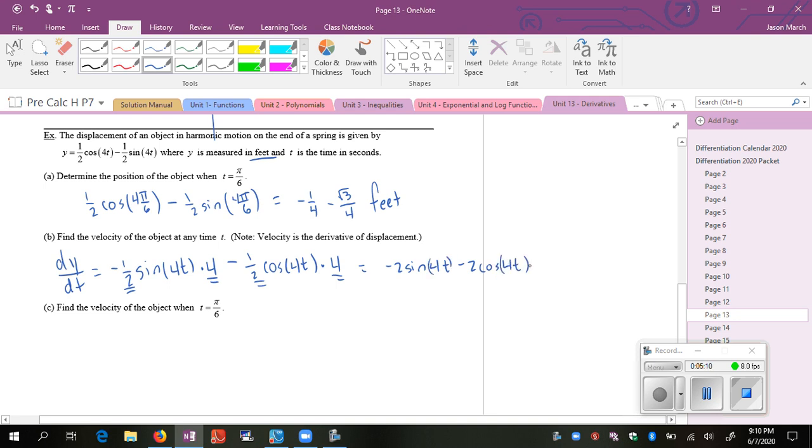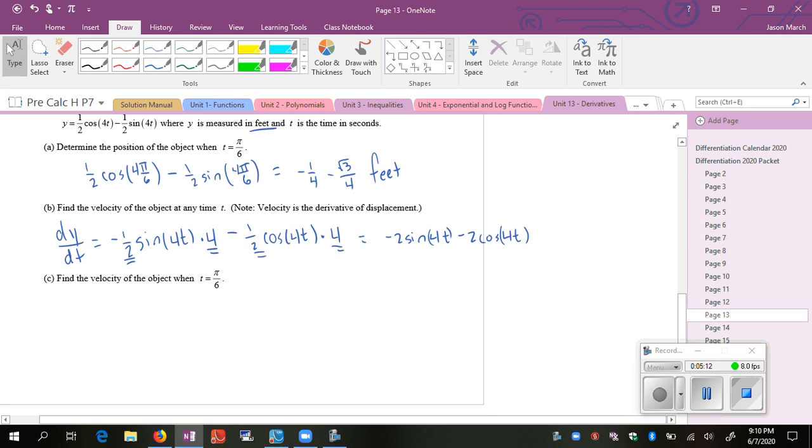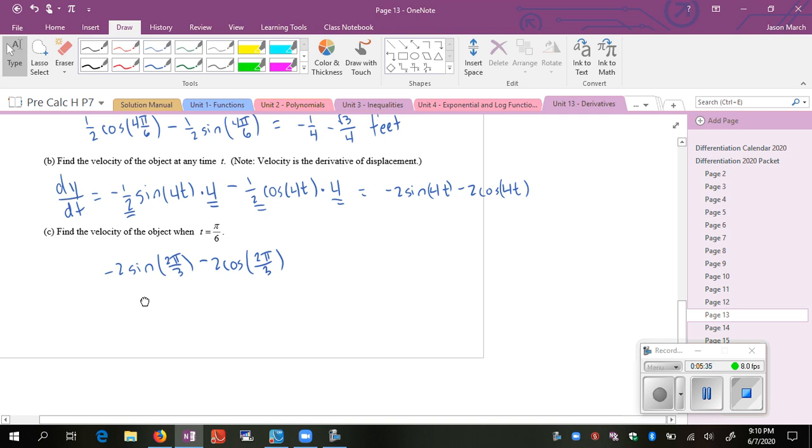All right, find the velocity when t is equal to pi over 6. Now we're putting in pi over 6 again into this. We're going to have negative 2 times the sine of 4 pi over 6, which I'll just write again as a reduced fraction, minus 2 cosine of 4 pi over 6, again the reduced fraction. For this one, we have negative 2 times radical 3 over 2.